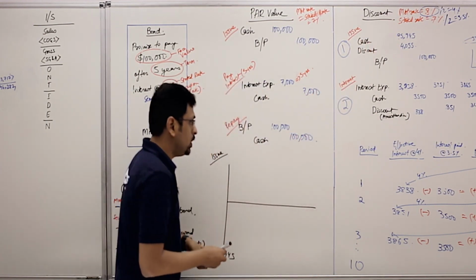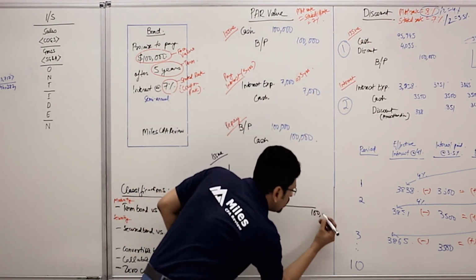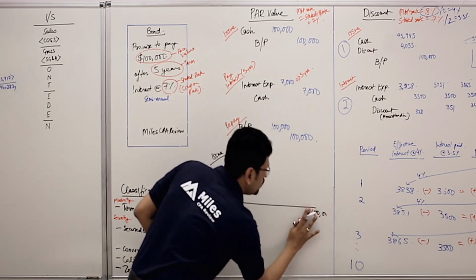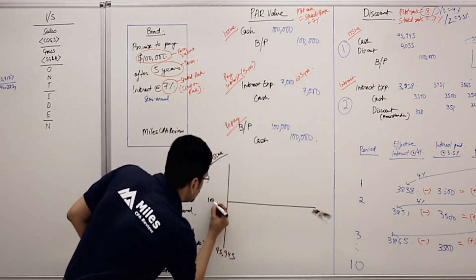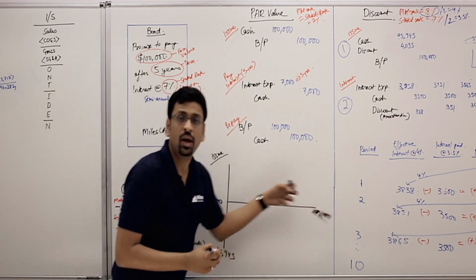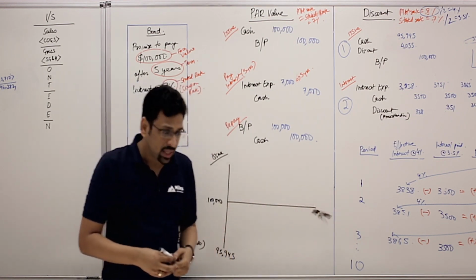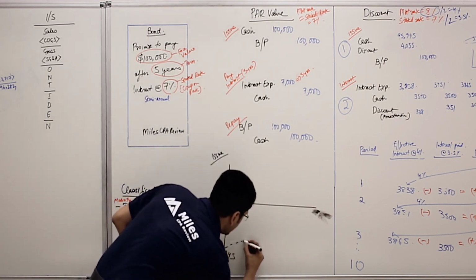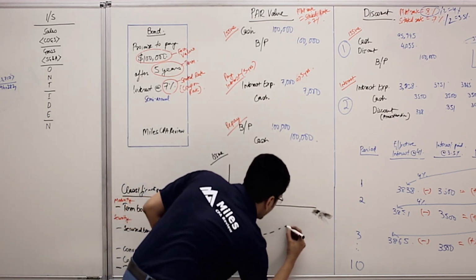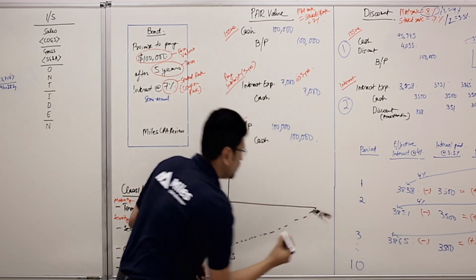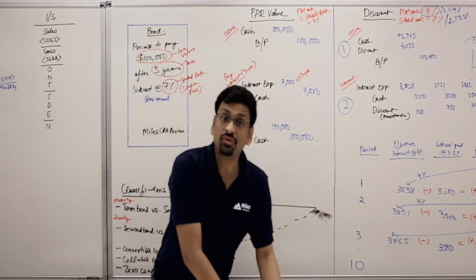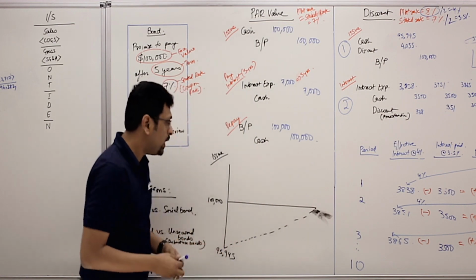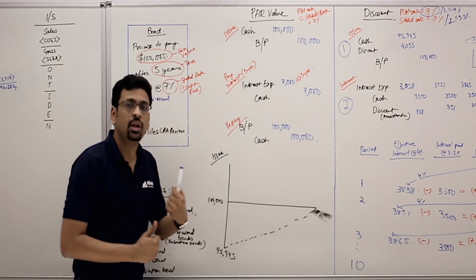At maturity, we had to pay $100,000. So that was the face. Now, in case of a straight line method, what we did was we consistently moved from 95,945 to $100,000. In case of the effective interest rate method, what happened is initially we were a little slow.